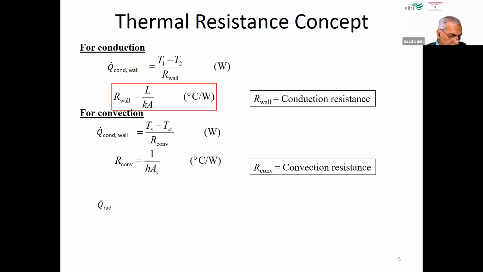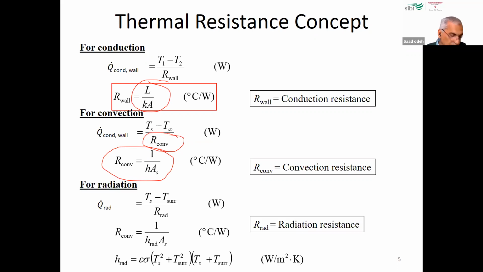And heat transfer by convection we do the same. We take all the constants, put them in the denominator, and we call this part the resistance. This resistance, of course, is 1 over hA. So resistance by convection is simply 1 over hA, while by conduction it is L divided by kA. All right. And radiation will be the same thing.